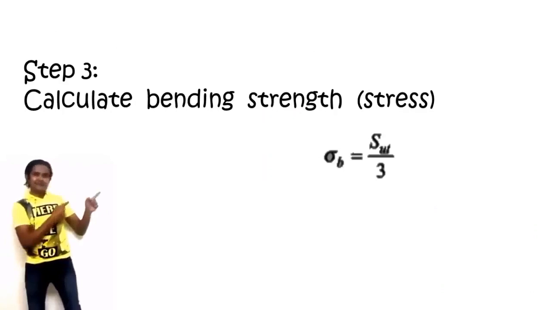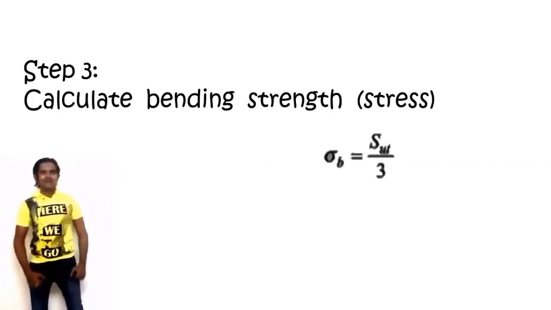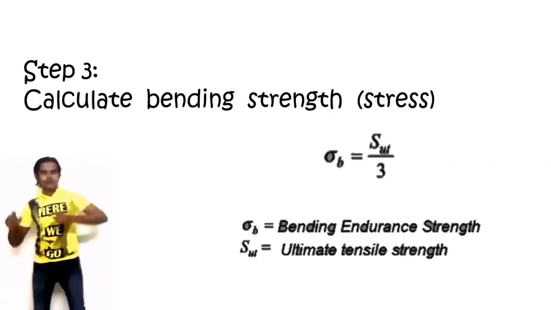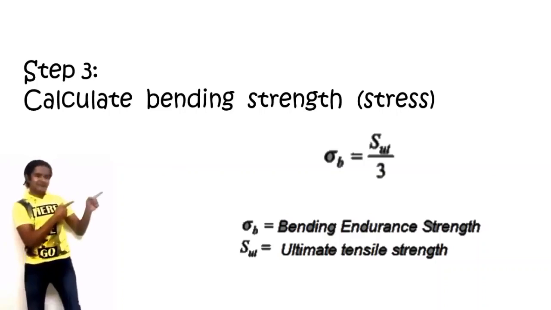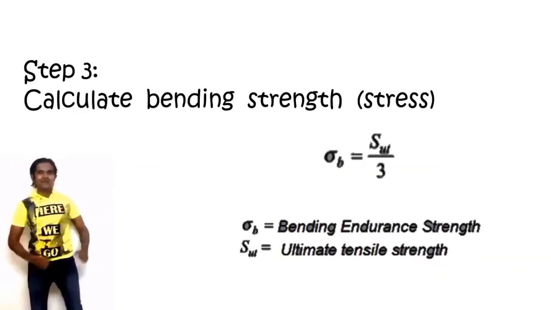Step 3 is to calculate the bending strength. Sigma B is SUT upon 3, where sigma B is the bending endurance strength and SUT is the ultimate tensile strength. If the material is the same, then you'll have to use only one formula. Means material of pinion and gear is the same, then this formula is enough.